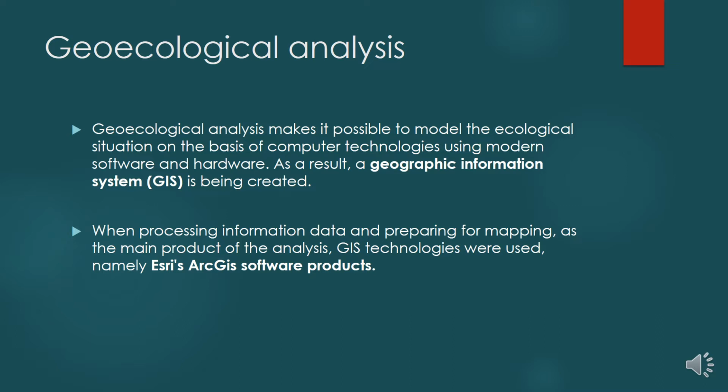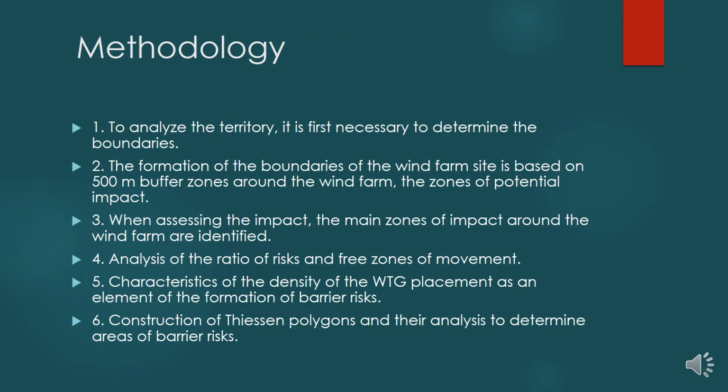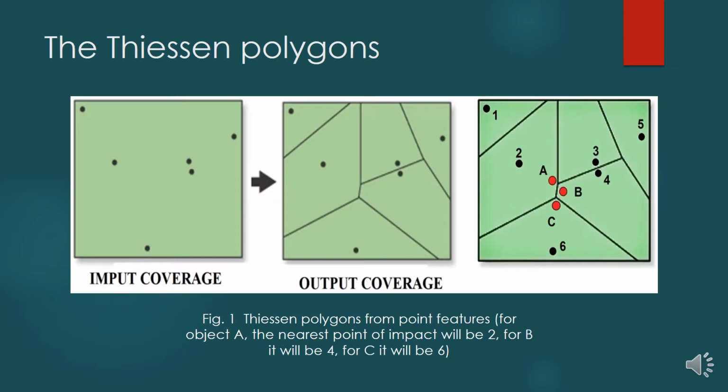When processing information data and preparing for mapping as the main product of the analysis, GIS technologies were used, namely Esri's ArcGIS software products. You can see the methodology steps that were made in this research: the analysis of the territory, the formation of the boundaries, the identification of main zones, the analysis of the ratio of risks, the characteristics of the density, the construction of Thiessen polygons.